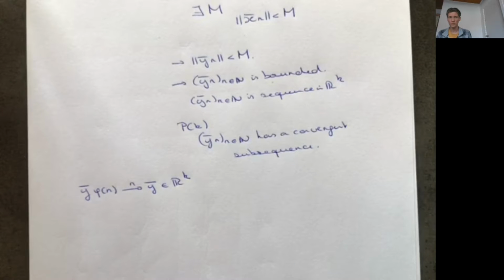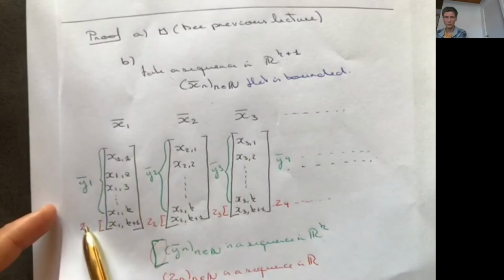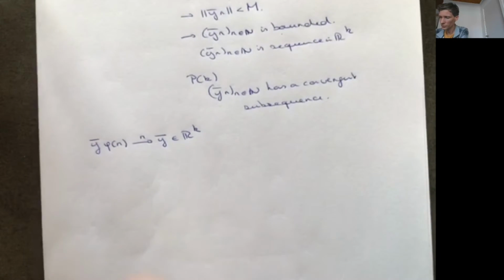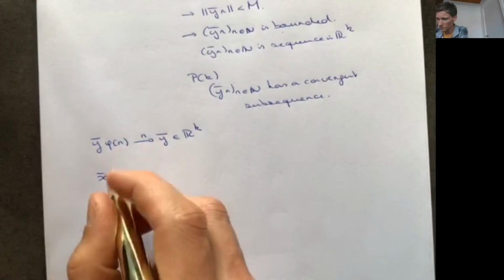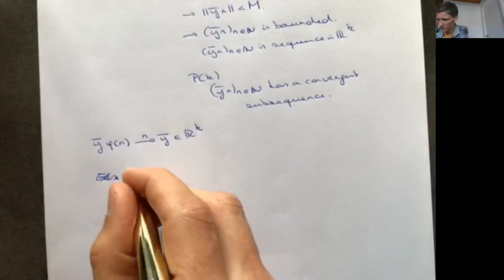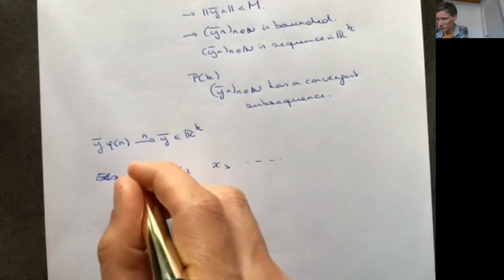Okay, so this is where the induction kicks in. Remember, x was defined like a vector y and a vector z. Let's try to write it again in this way. We had x1, x2, x3, and so on.